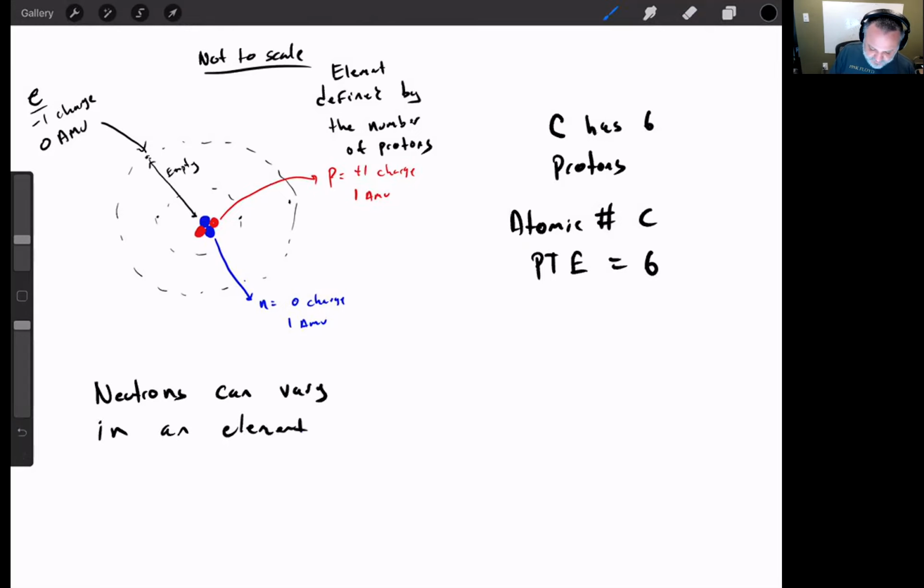So if I'm going back to this carbon, carbon, for example, always has 6 protons. It doesn't matter what we're talking about.